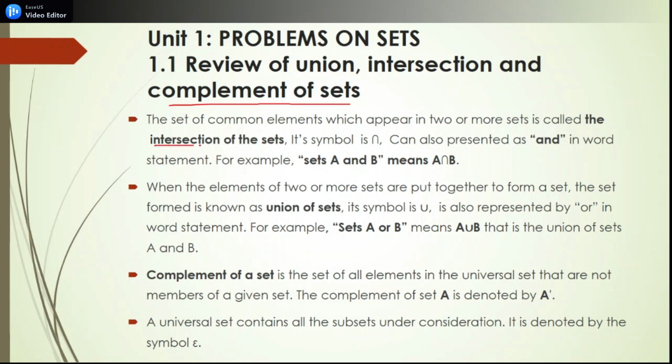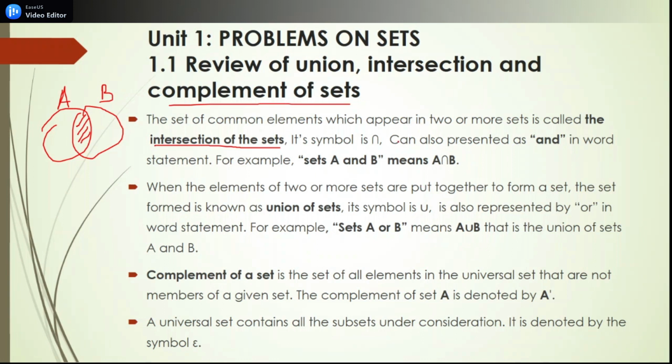It is a common point, common element when you have many sets. For example, here you have two sets, set A and set B. Then the intersection is where those two sets meet.